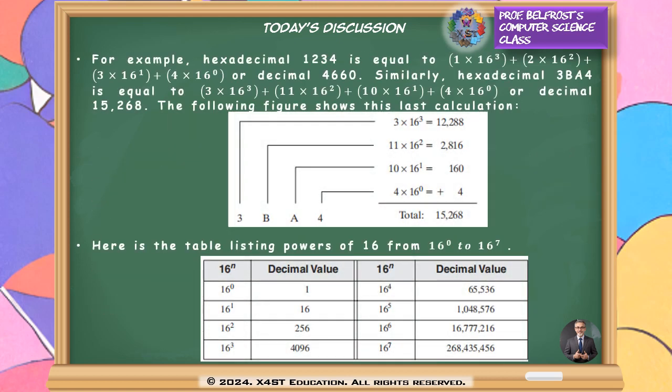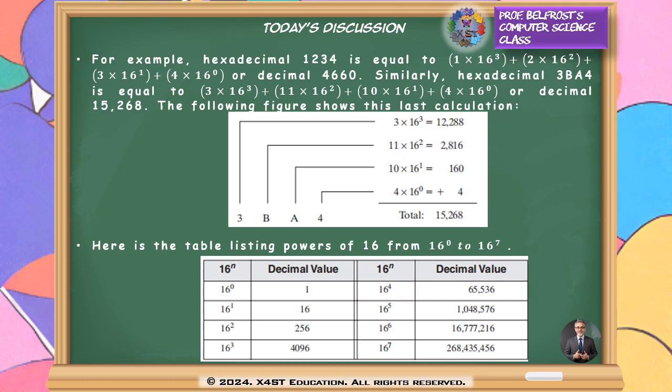Okay, so for example, hexadecimal 1234 equals 1 times 16 cubed plus 2 times 16 squared plus 3 times 16 raised to the power 1 and 4 times 16 raised to the power 0. So it has the decimal equivalent of 4660.